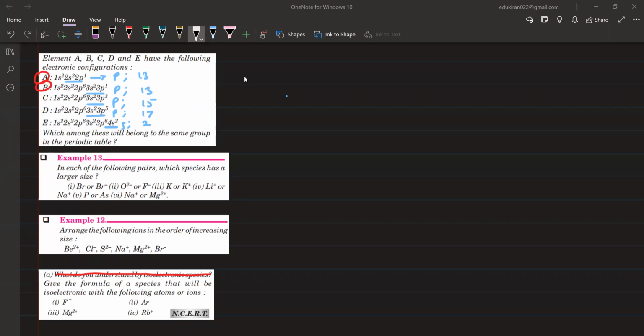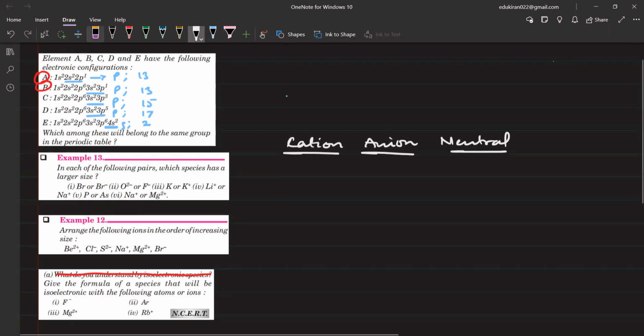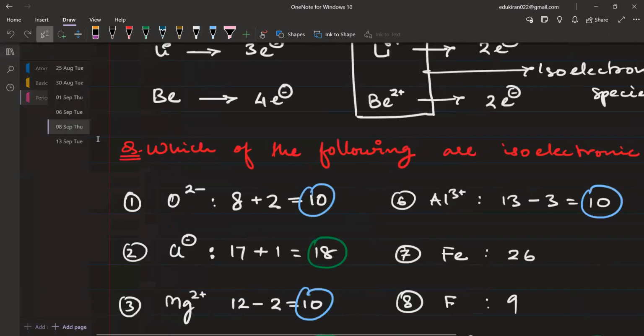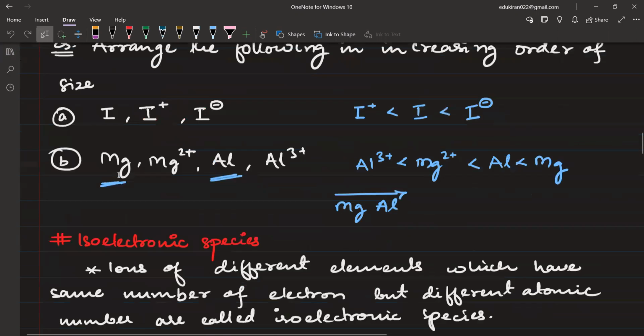Tell me, what is the order for cation, anion, and neutral? Which has the largest size? Sir, cation. No, you have not revised. Please look at your notes and tell me. Sir, it's cation, neutral, and then anion.